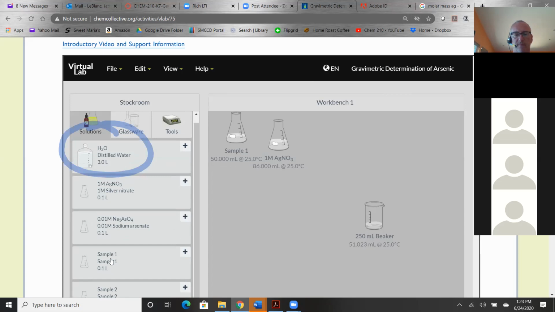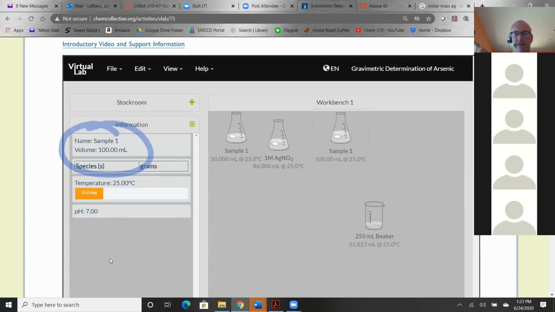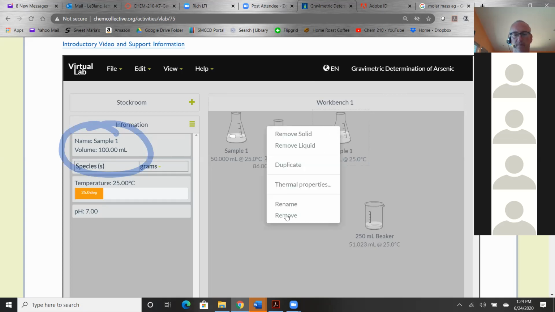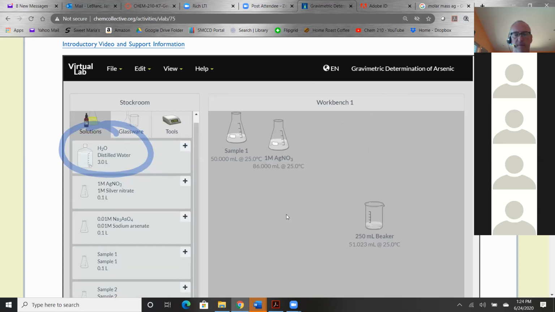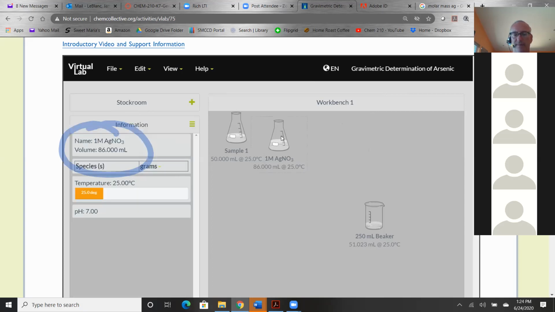So I click on sample 1, and it appears, and when we click on it, it says there's 100 mils of sample 1 in there. Okay. And if we click on the 1 molar silver nitrate, it'll tell us what's in it and how much volume is left.